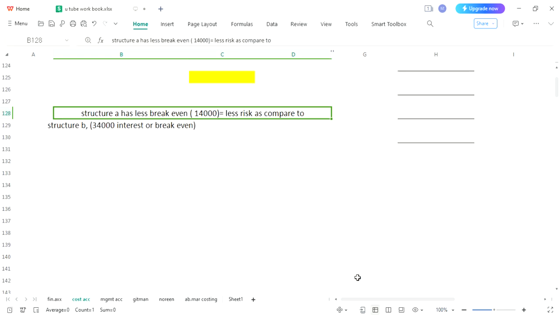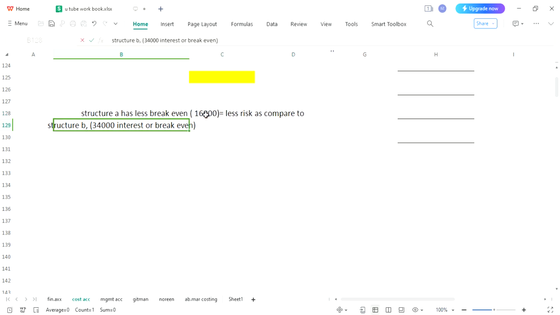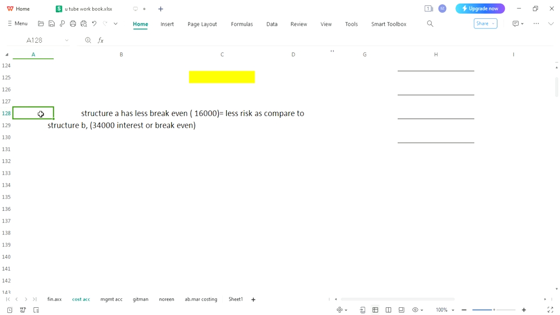This is what we were discussing. Since the amount of interest payment for structure A is far less than that of structure B, we will conclude that structure A has less risk as compared to structure B. This is for your C and D point.